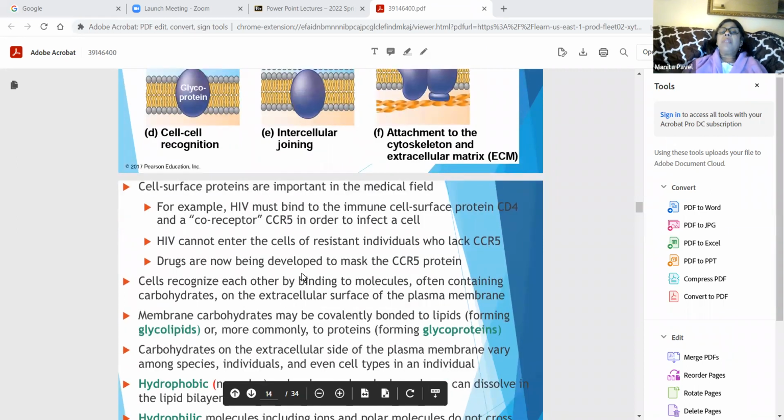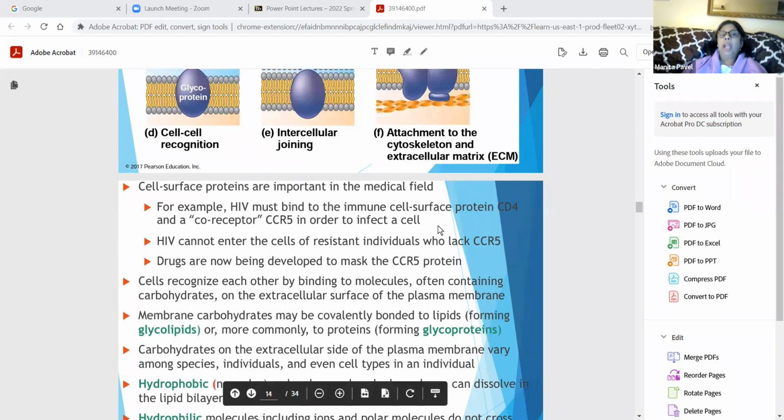So these cell surface marker proteins are extremely important in the medical field. And we have the HIV. You have proteins that are cell surface proteins, and the HIV must bind to the immune cell surface protein CD4, and it has to have a co-receptor CCR5 in order to infect a cell.